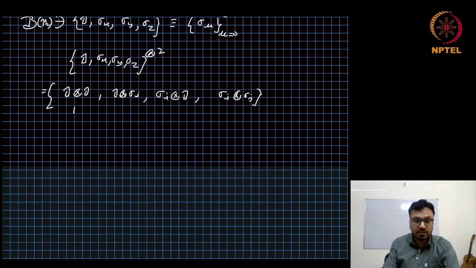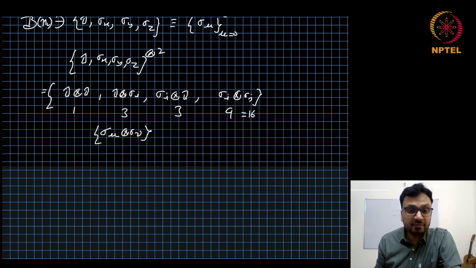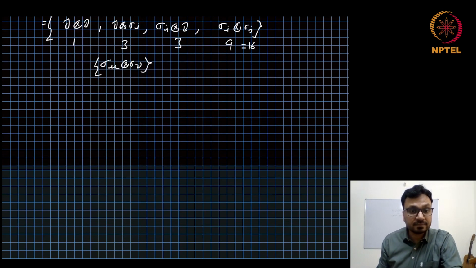So in that way we have 1, 3, 3, and 9, so total 16 operators. Short form, we can write them sigma mu tensor sigma nu. So this can very well serve as a basis for 4 by 4 Hermitian operators.